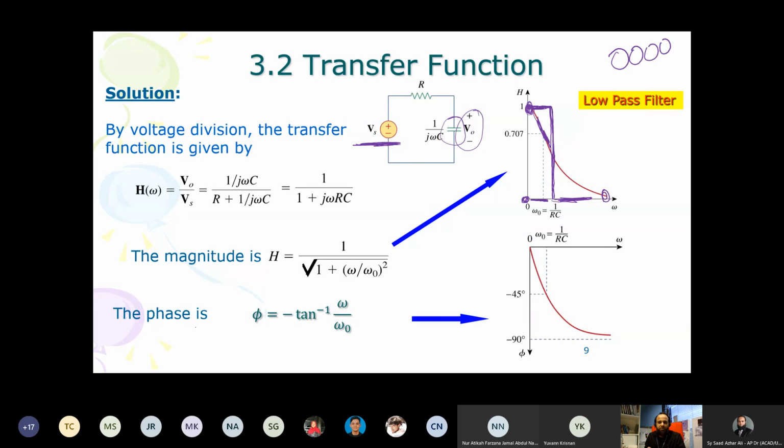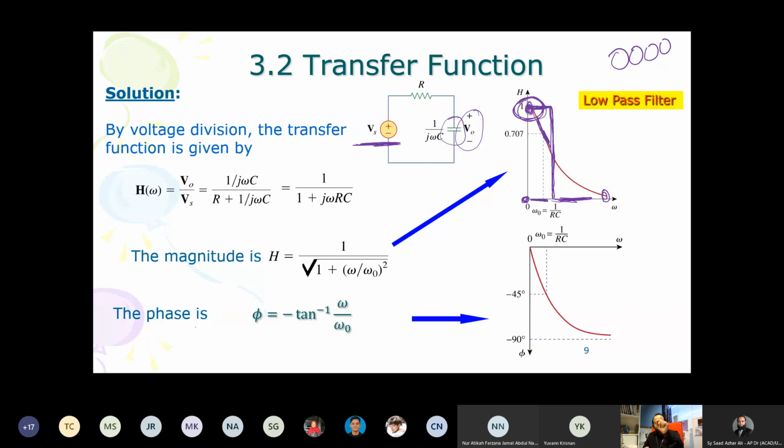What happens to the capacitor for DC voltage? Open circuit. Very good. And if it's open circuit, what will be the value of V naught? Vs. Yes, Vs.